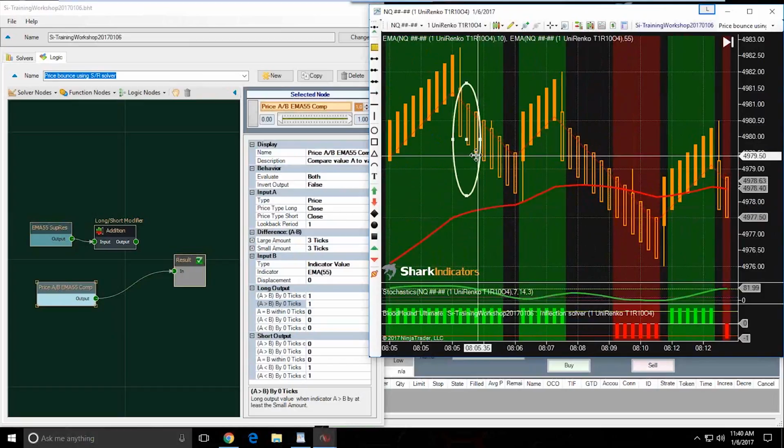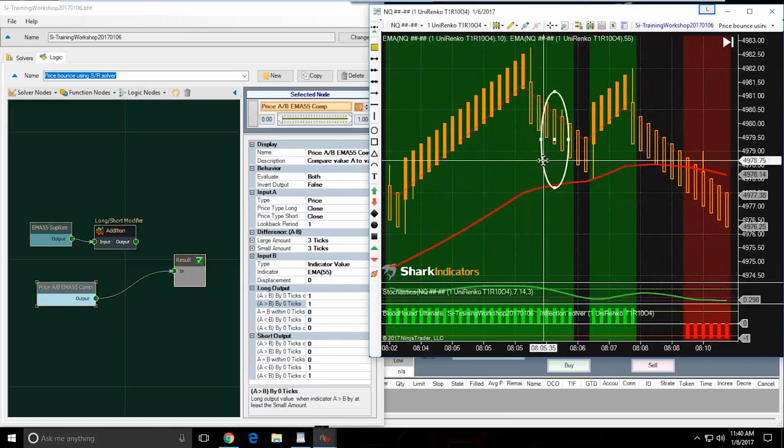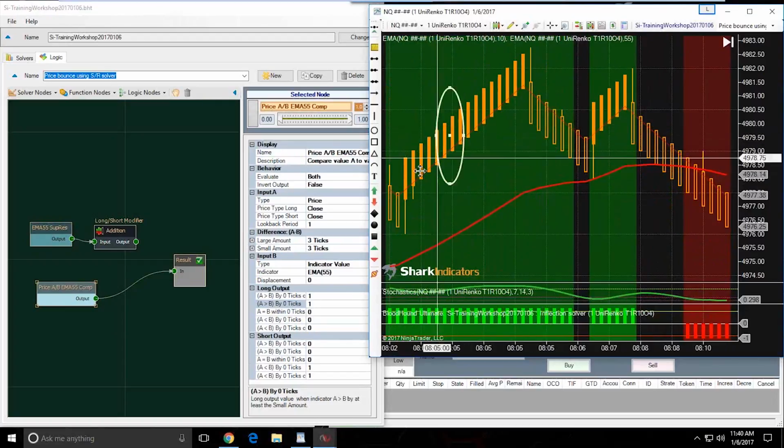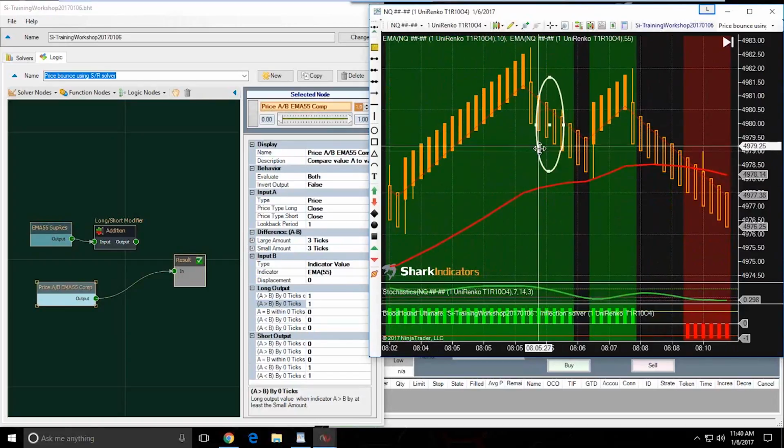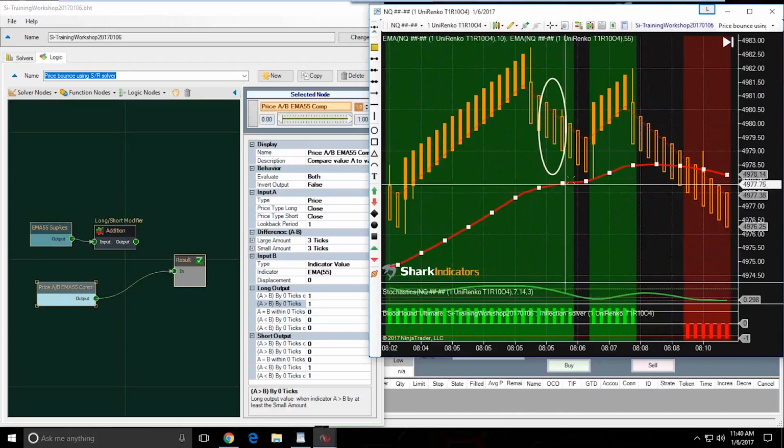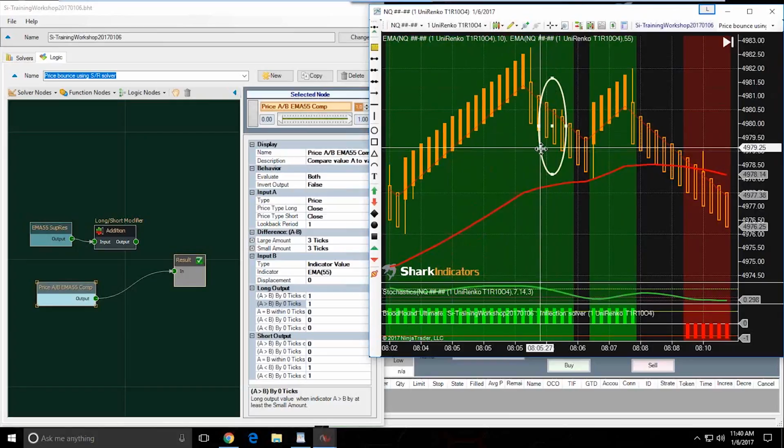We're only getting this long output when price is more than 3 ticks away from our EMA. So this gives us a good indication that price has been above our support resistance here, and therefore we're looking for a possible long bounce here.